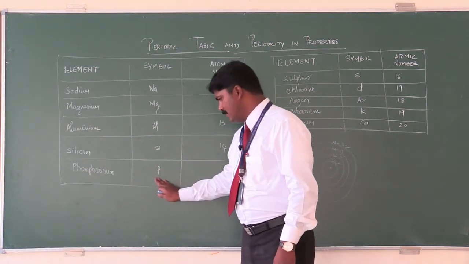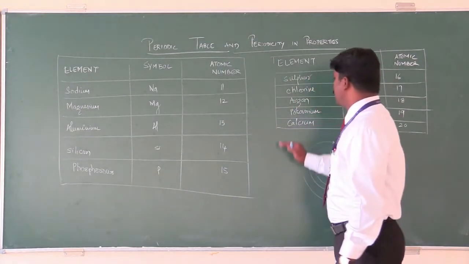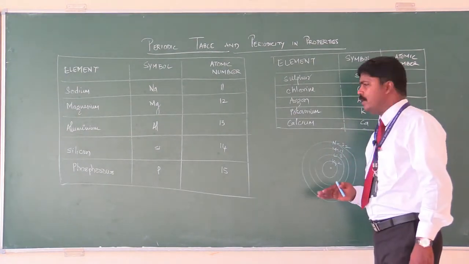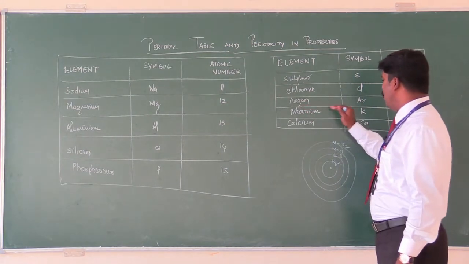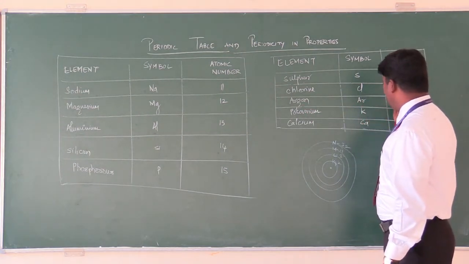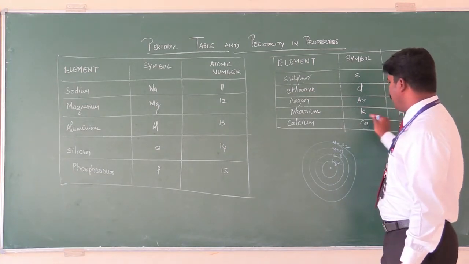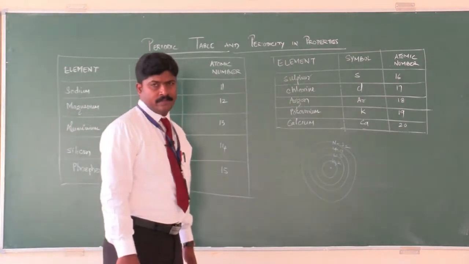Phosphorus, symbol P, atomic number 15. Sulfur, S, atomic number 16. Chlorine, Cl, atomic number 17. Argon, Ar, atomic number 18. Potassium, K, atomic number 19. Calcium, Ca, atomic number 20.